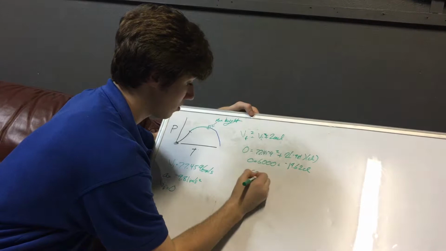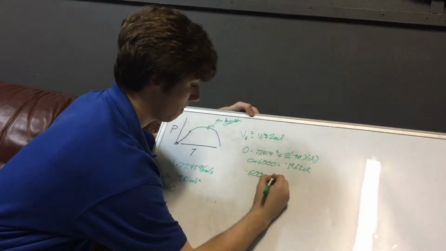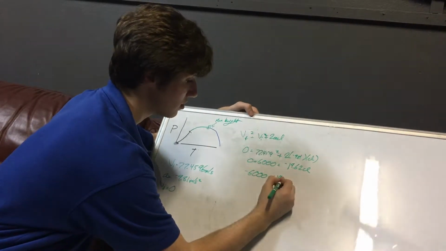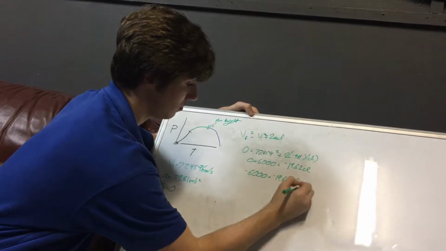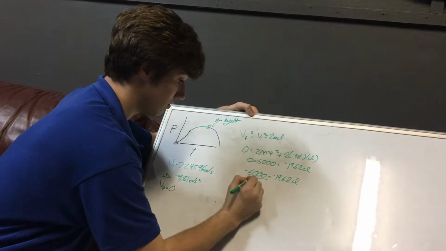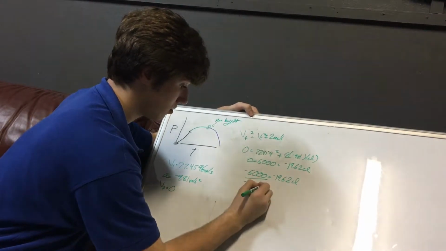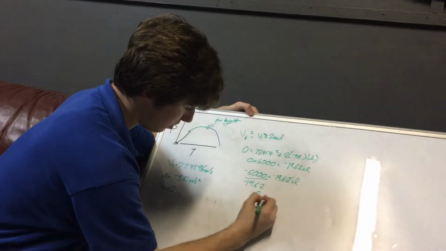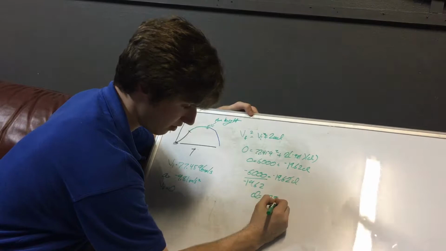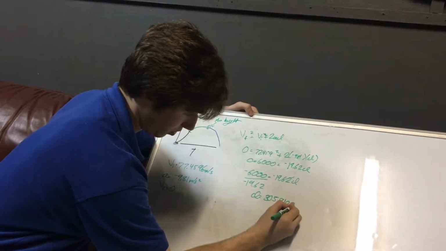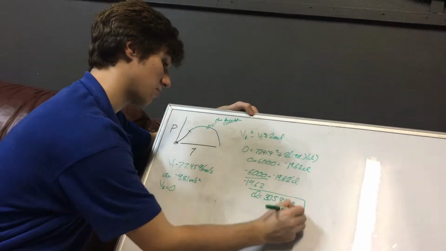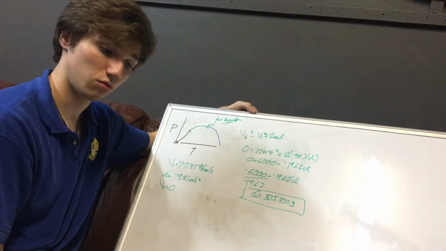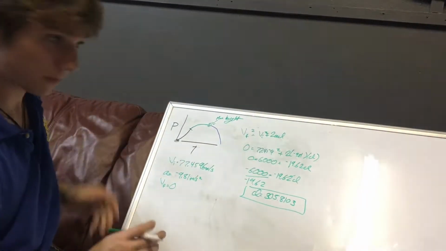Negative 6,000 goes to the other side and becomes positive. So we divide, and that gives you d equals 305.8103. So that is the maximum height that Dart reached.